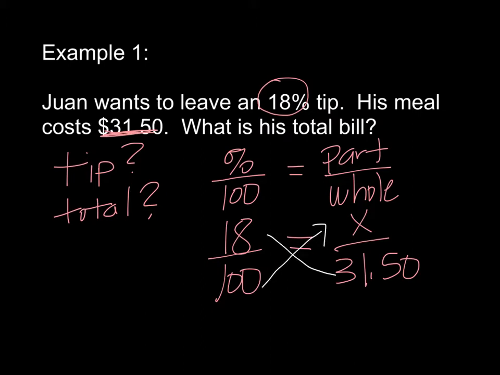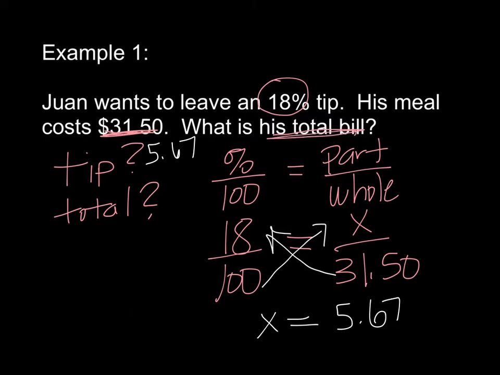We do our cross products, and we get that X, or our tip, is $5.67. That is the amount of our tip. But we've not finished the problem yet. The question asks, what's the total bill?